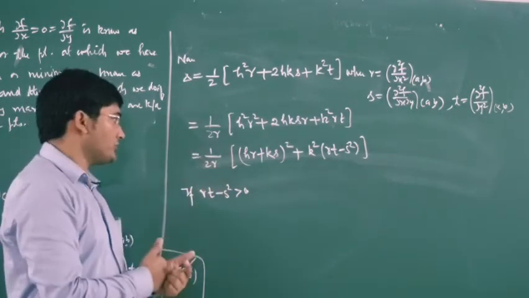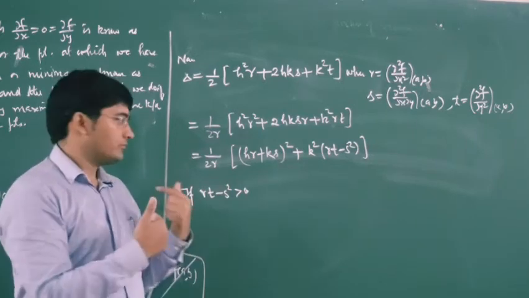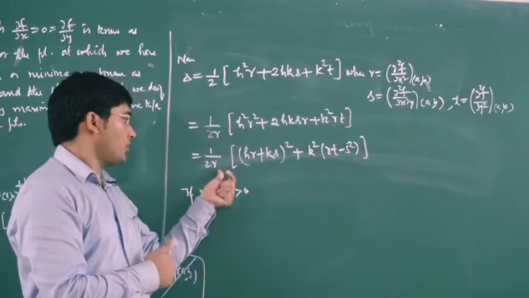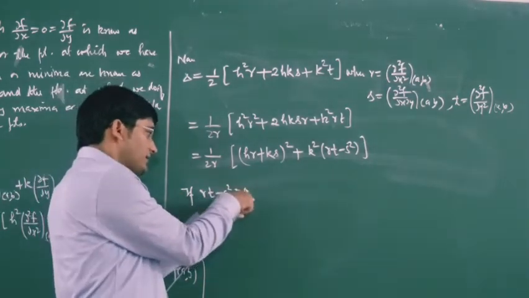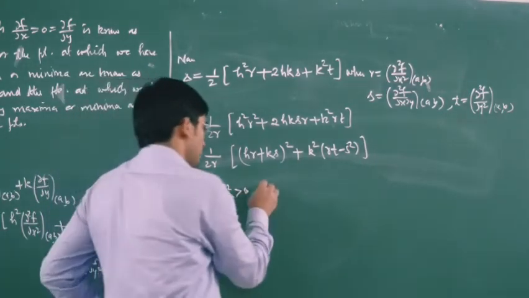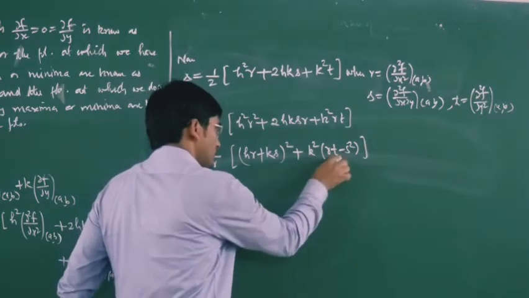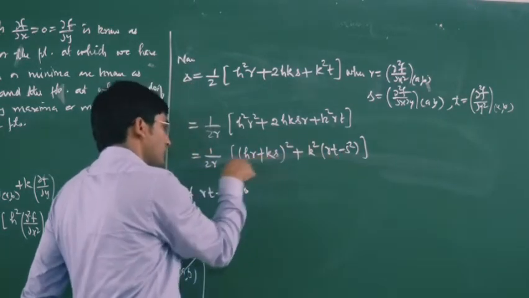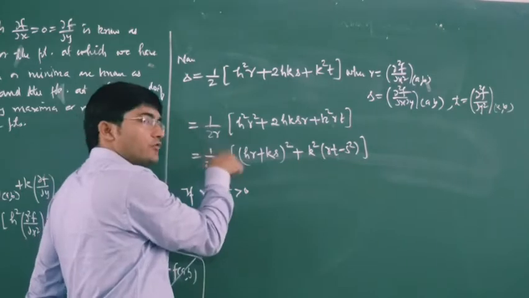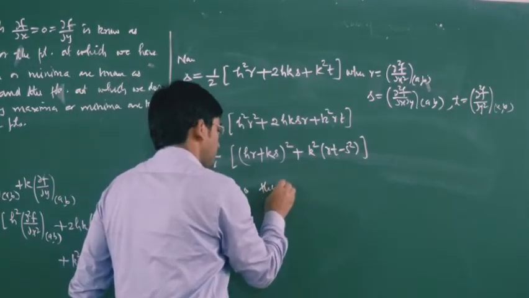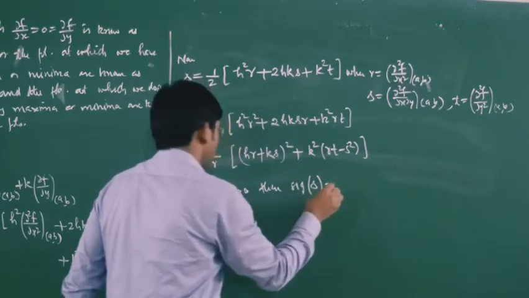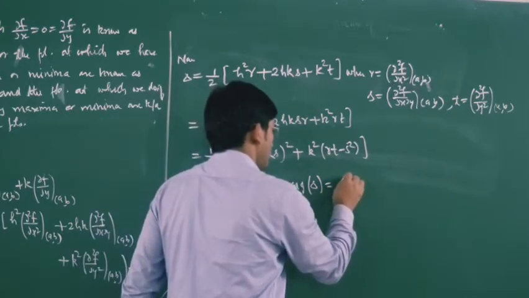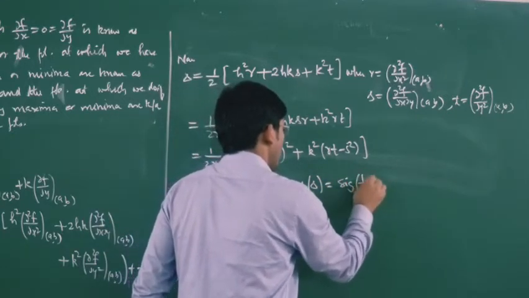So if your r is positive, then we will have a minimum. If your r is negative, then we will have a maximum. So if rt minus s square is greater than 0, then the sign of delta will depend on the sign of r.